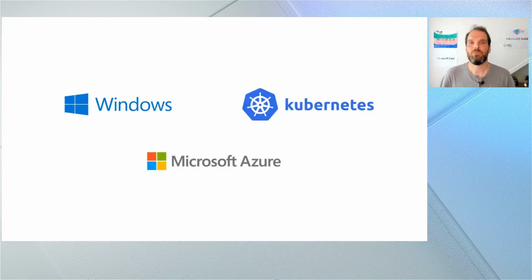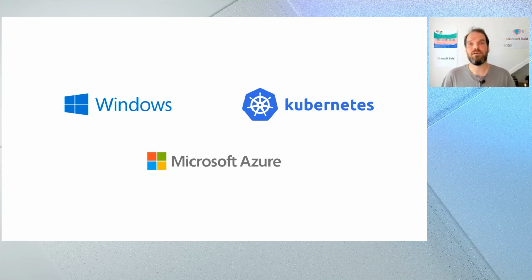Windows Server containers were introduced in Windows Server 2016. And with Kubernetes 1.14, Windows Server containers gained production-grade quality in Kubernetes. Now, Windows Server containers and Linux containers are implemented using similar isolation mechanisms.